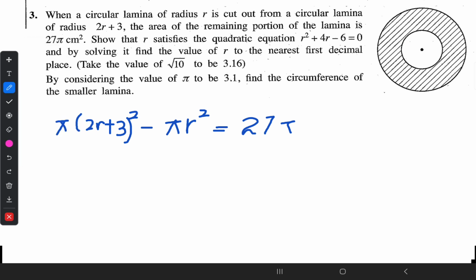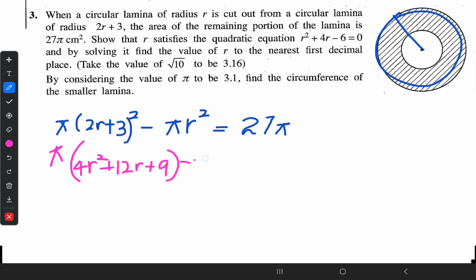Then let's simplify this. Before that we have to expand the first one. Pi (2r plus 3) squared. 2r squared means 4r squared, plus 2 into 3 is 6, 6 into 2 is 12r, plus 3 squared, which is 9, minus pi r squared, which is equal to 27 pi.